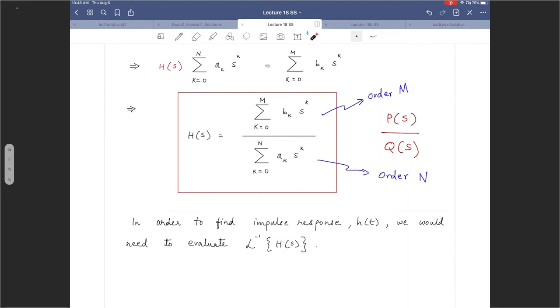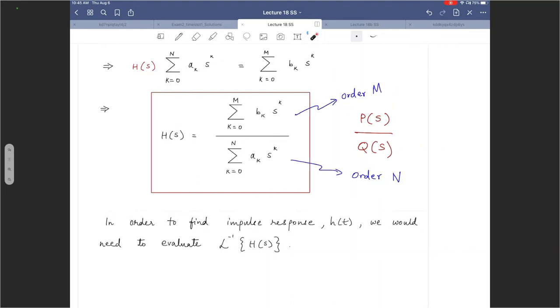We are going to use partial fractions, then find the inverse Laplace of H of s. That will give us the impulse response of this LTI system, right? In order to find the impulse response, we would need to evaluate the inverse Laplace of H of s, which involves first breaking up into partial fractions.